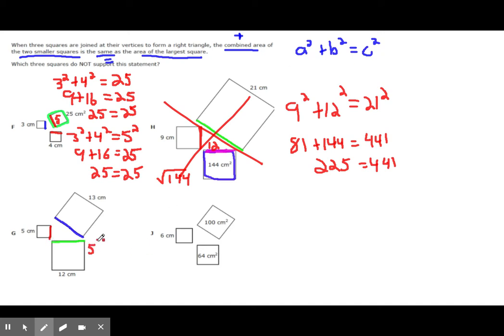5 squared plus 12 squared equals 13 squared. So 5 squared, or 5 times 5, is 25. 12 squared, or 12 times 12, is 144, is equal to 13 squared. Let's do that real quick. 169.